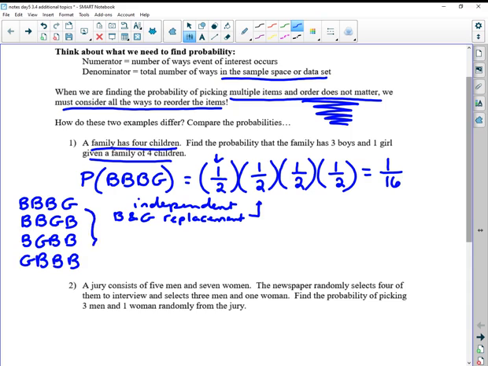So there's actually 4 ways that you could have had 3 boys and 1 girl given a family of 4 children. So let's take our 1/16 and multiply it by 4. And so the probability of 3 boys and 1 girl in any order looks like it's a quarter or 0.25.